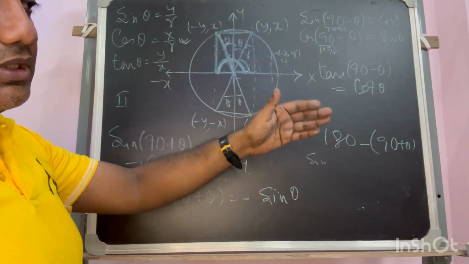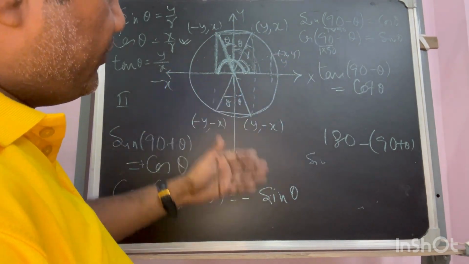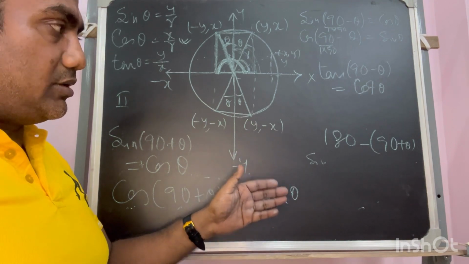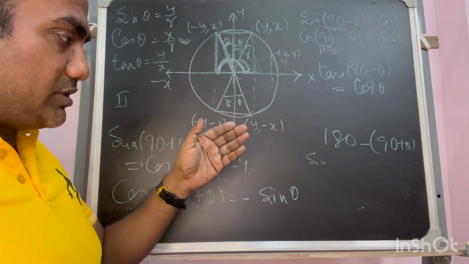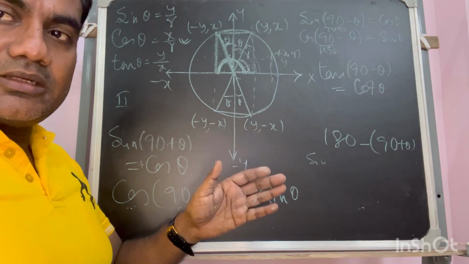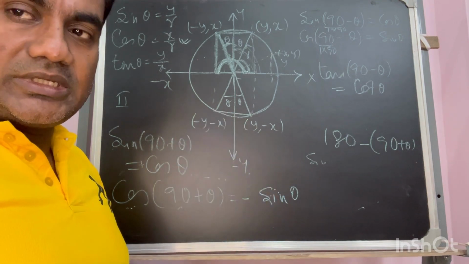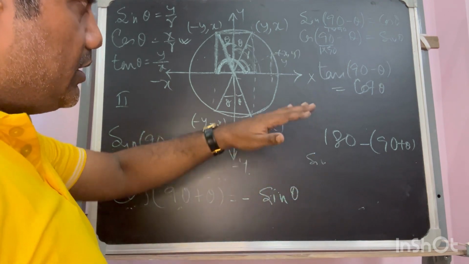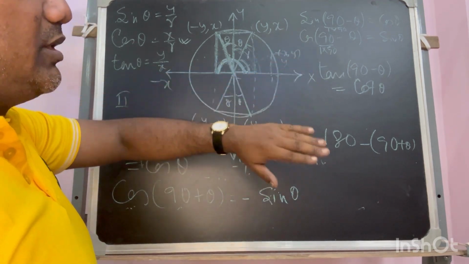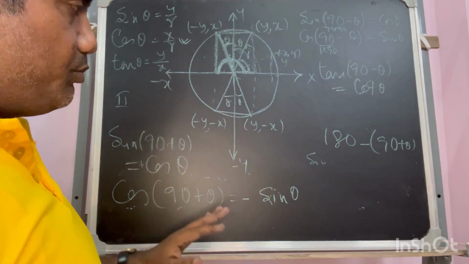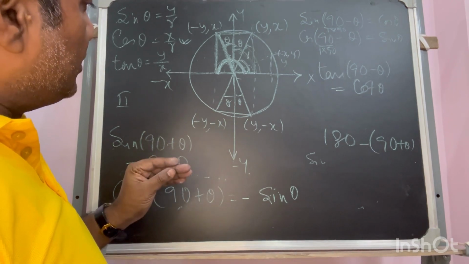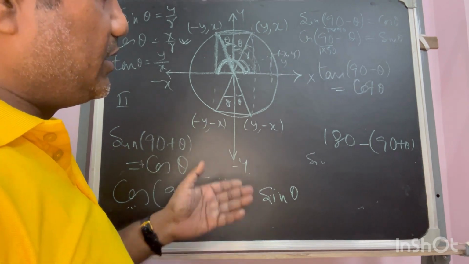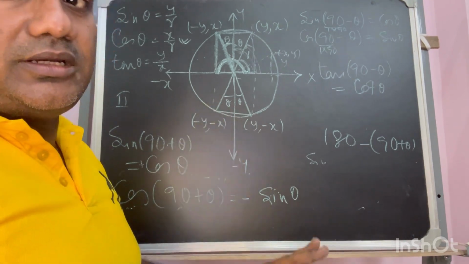Some more derivations are based on this understanding, because once you understand this, you can later understand the other derivations of the formulas, otherwise you will be lost somewhere. So try to understand, this is the basic one. The basics have to be crisply understood, otherwise it will be very difficult to understand the later derivations.